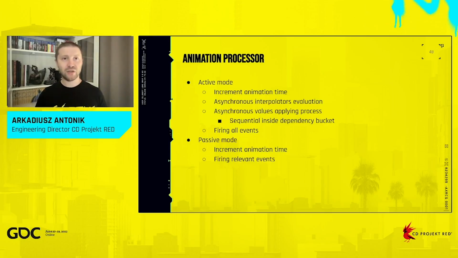Applying these values was more difficult because we had to ensure that values are not dependent on each other. We grouped dependent values in buckets and inside each bucket we apply them in sequence. If UI is not visible, we need to only secure relevant events placed on timeline because other game logic could depend on them.